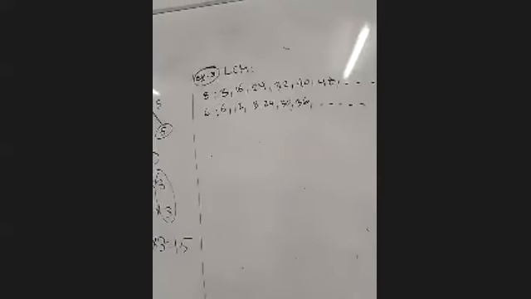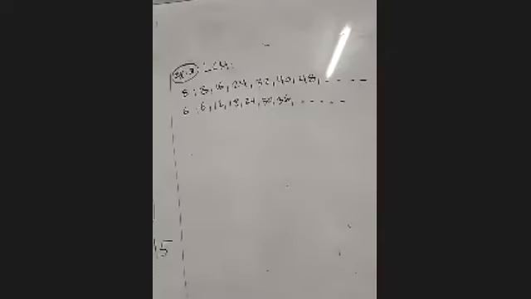24 is the least common multiple. So here the least common multiple is 24, which means what?